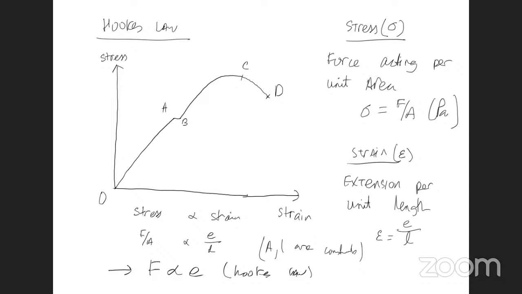So the wire obeys Hooke's law from O to A. O to A is a straight line and Hooke's law is obeyed. Stress is proportional to strain.